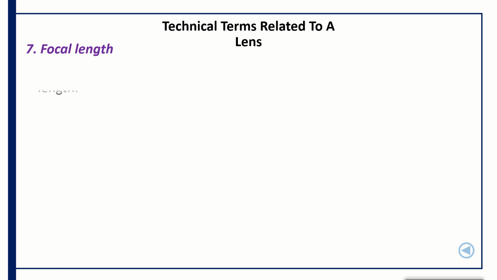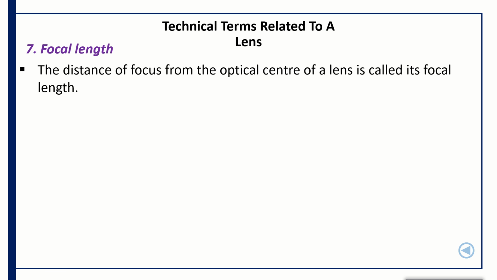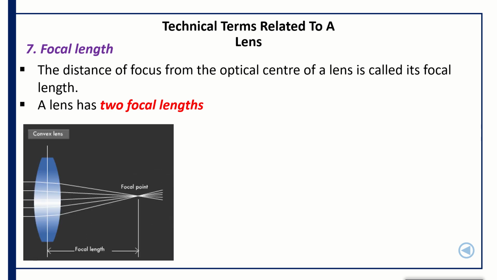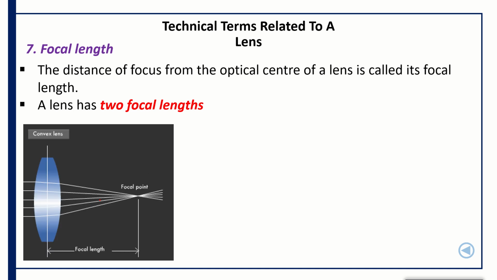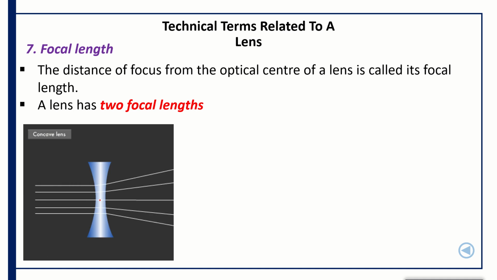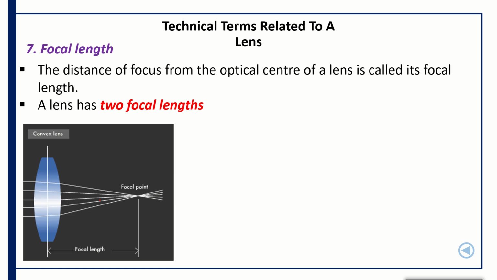Now, focal length. The distance of the focus from the optical center of a lens is called its focal length. If a lens has two focal points, then it will have two focal lengths. So if I am taking a convex lens, and I take a plane at the optical center and a plane at a focal point, the distance between those two planes is known as the focal length of the lens.